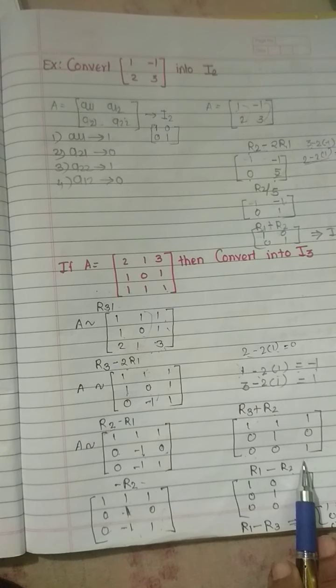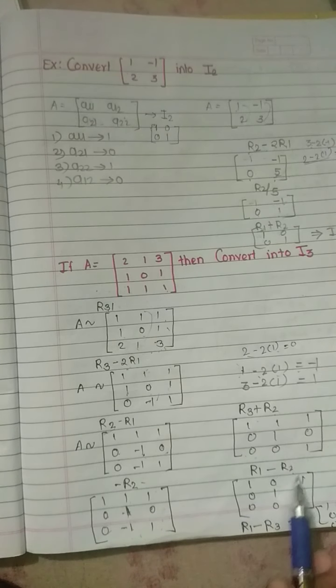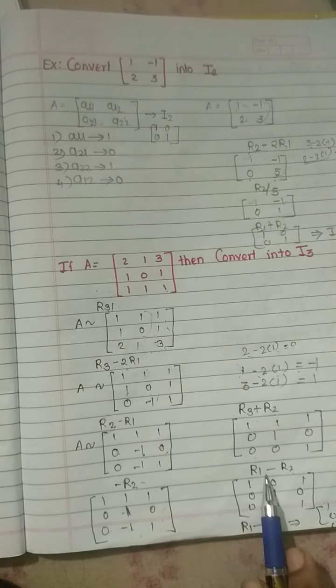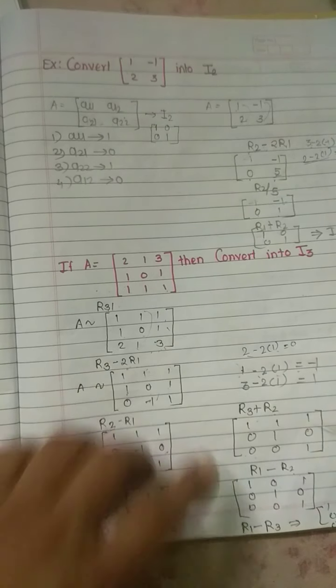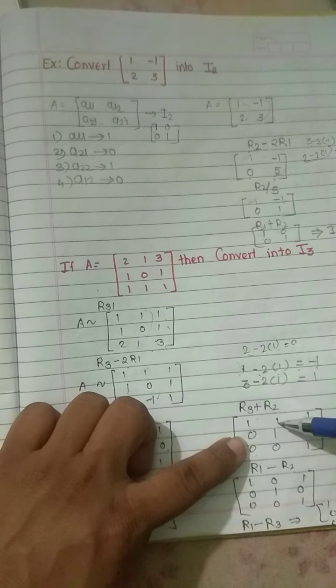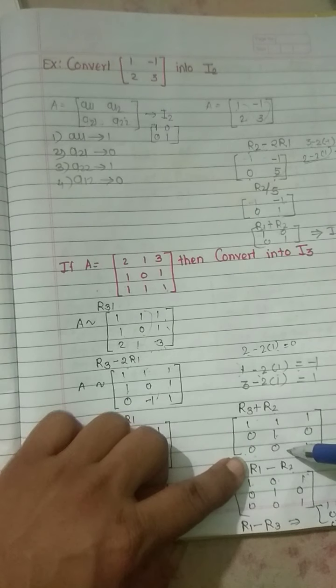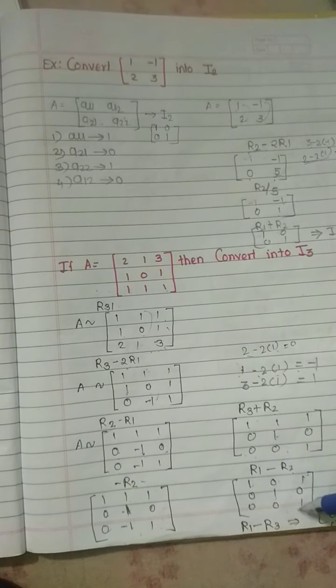Next operation, reduce the A12 position element to 0 using the operation R1 minus R2. Changing the first row elements, R1 minus R2. 1 minus 0 is 1. 1 minus 1 is nothing but 0. 1 minus 0 is nothing but 1. The second row elements and third row elements remain the same.